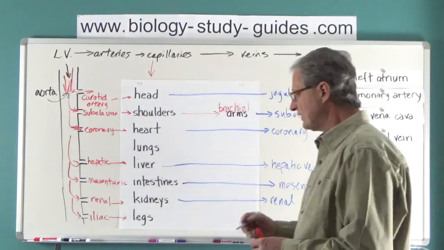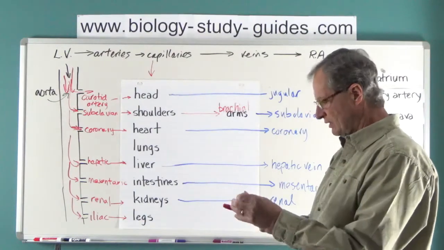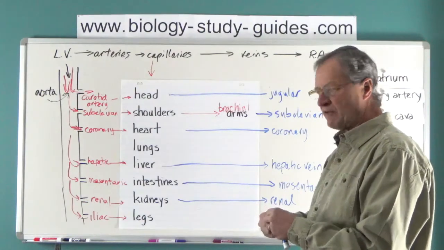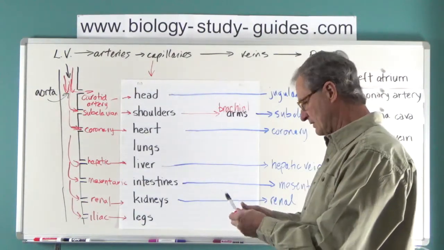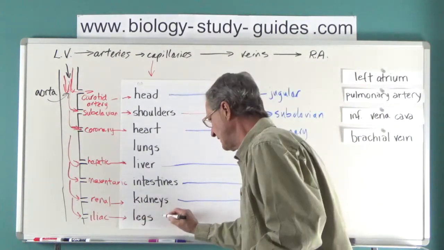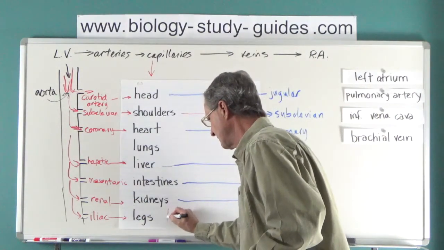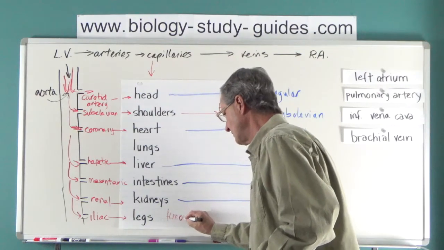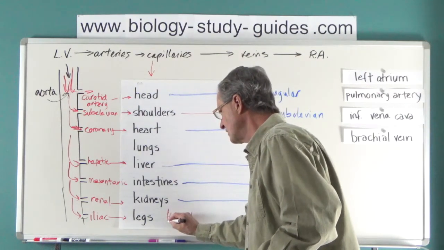The iliacs to the legs, some of you no doubt have heard of a femoral artery. The femoral artery is a branch of the iliacs that feeds the large quadricep muscle.